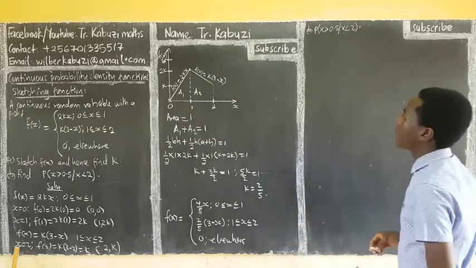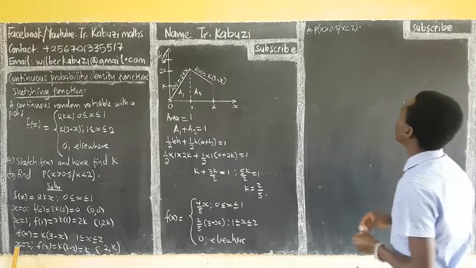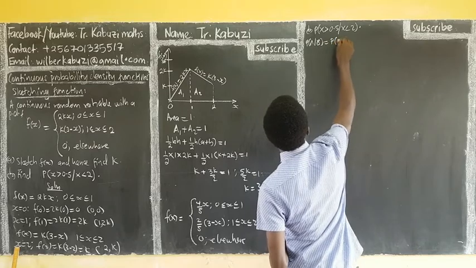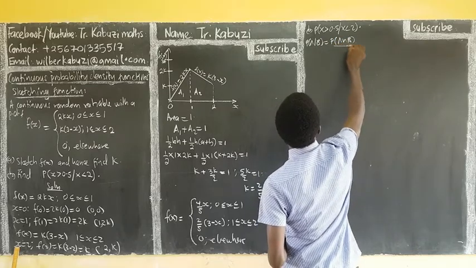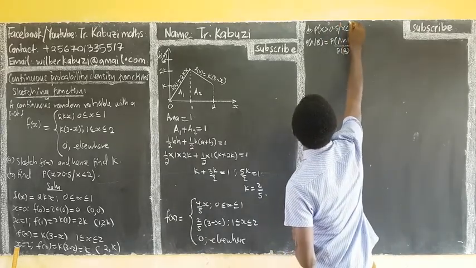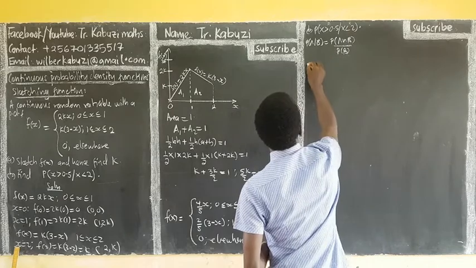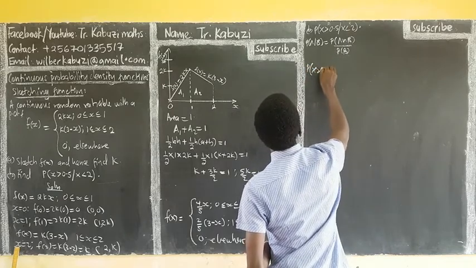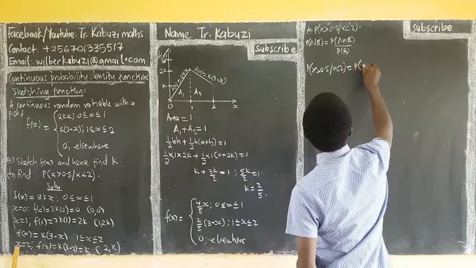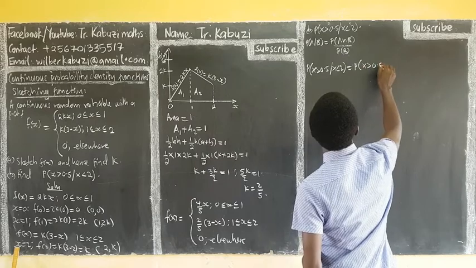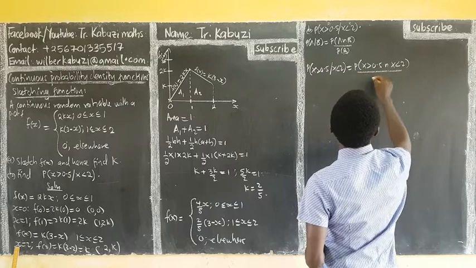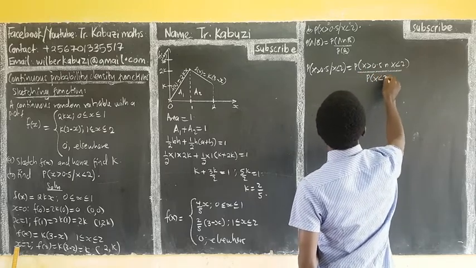Remember, the probability of A given B is the same as the probability of A intersection B over the probability of B. So this one is going to be our A, this one is going to be our B. So my probability is going to be the probability of x greater than 0.5 and x less than 2, their intersection, over the probability of x less than 2.